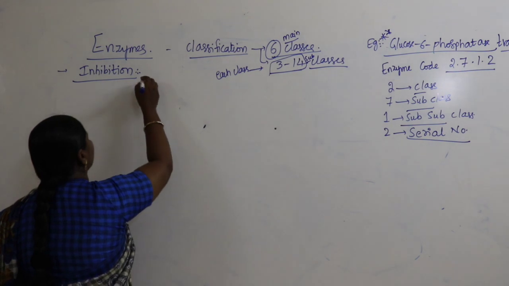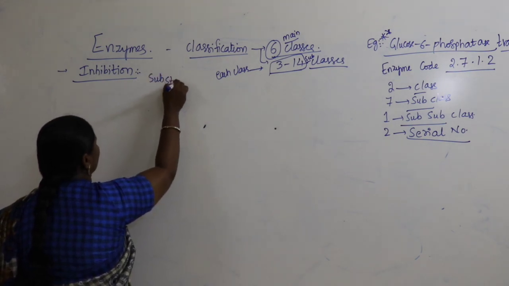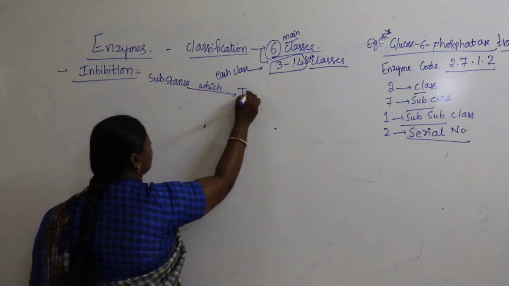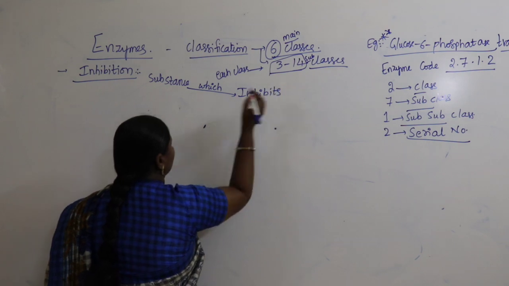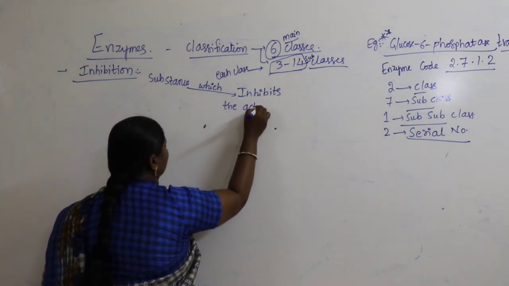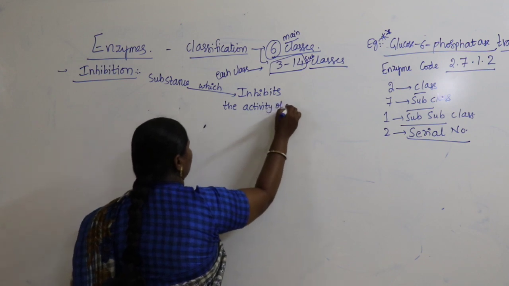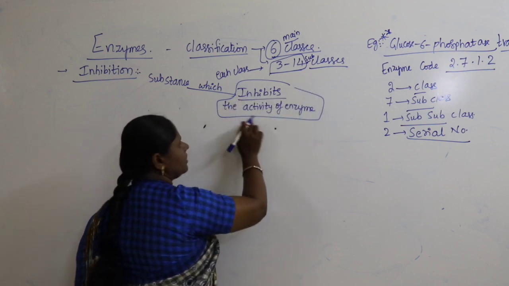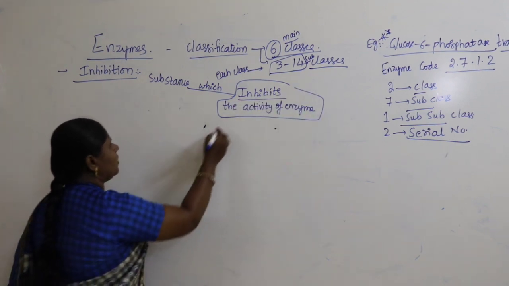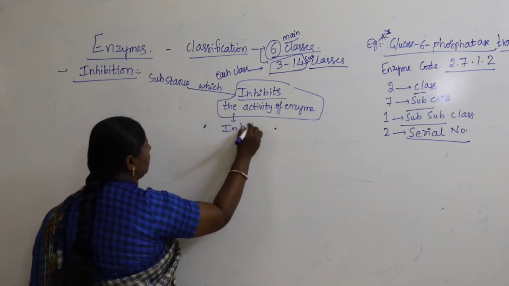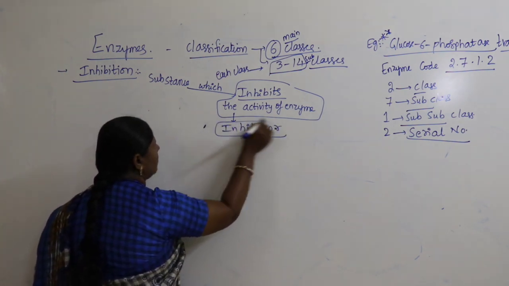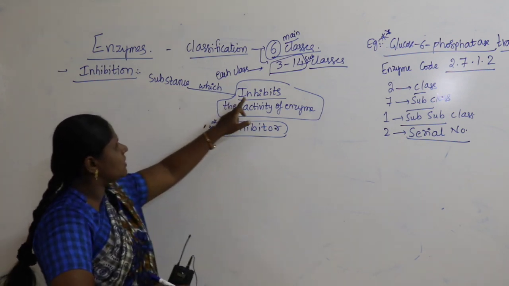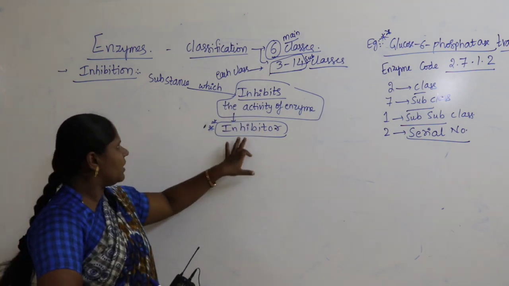The substance which inhibits the activity of enzyme is called an inhibitor.